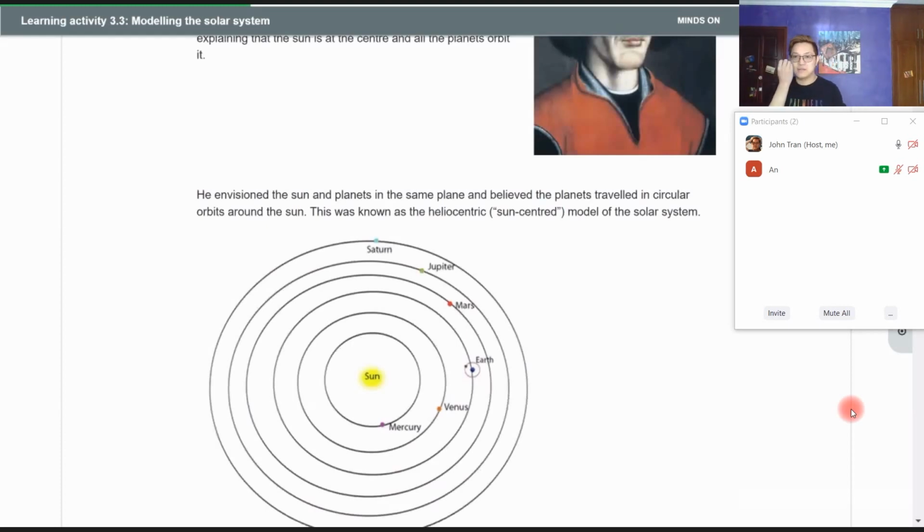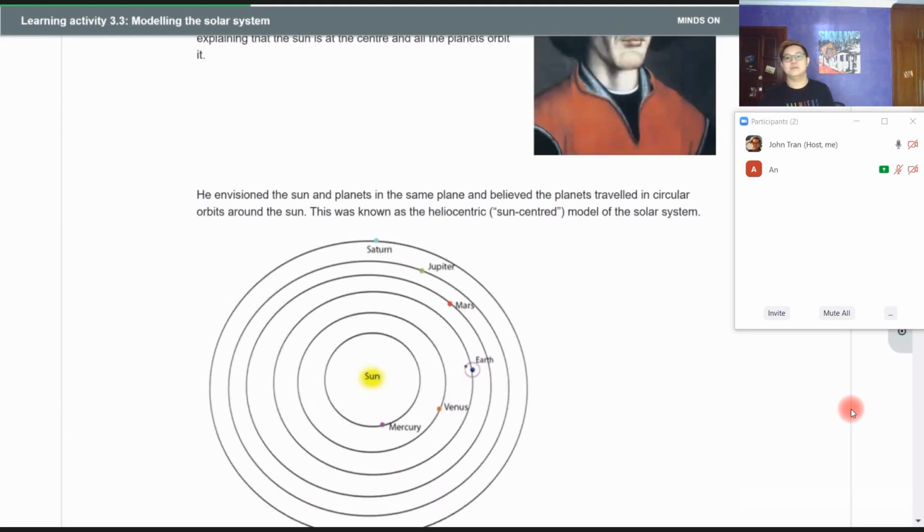Because if you think about it like this, if you're here and there's a planet there, that planet will have to move around the sun, right? Sometimes you see it going this way, but then another time it will go backward like that, right?